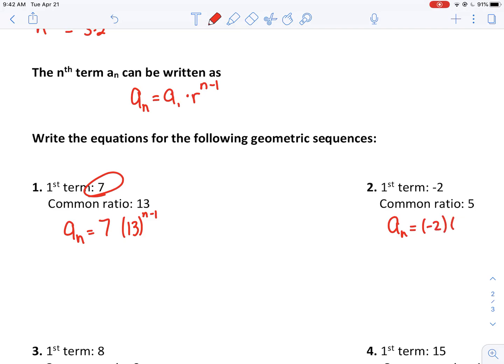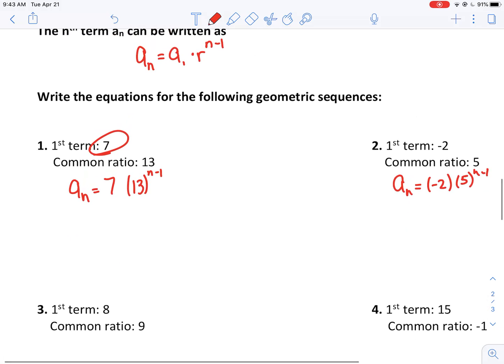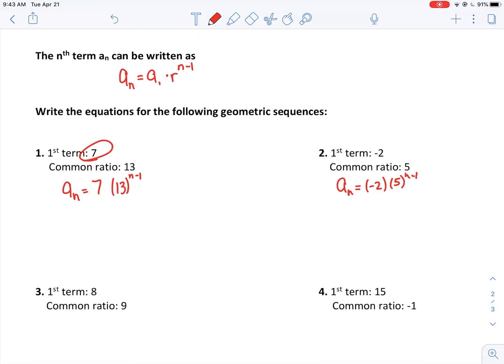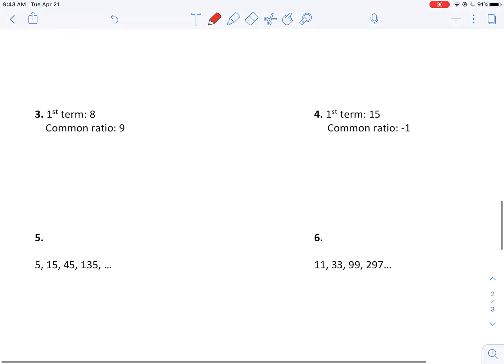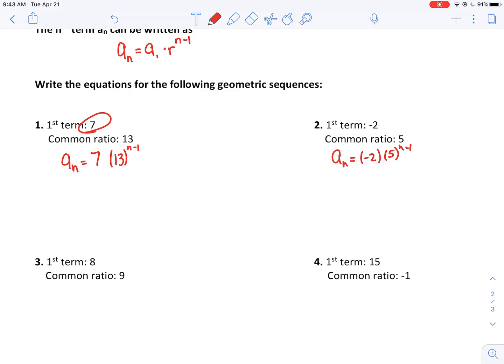So we're really just going to substitute in for our first term and common ratio here. Everything else is always going to stay the same. Let's try number 2. The nth term would be my first term of negative 2 times my common ratio of 5 to the n minus 1.